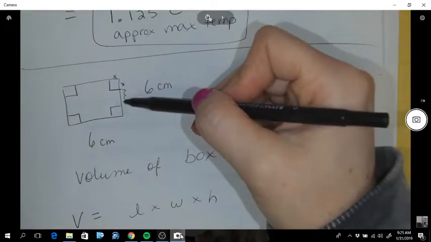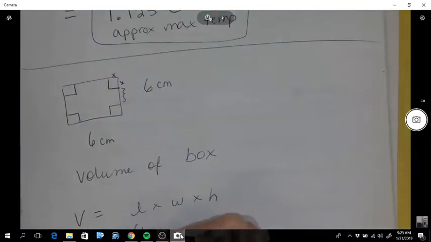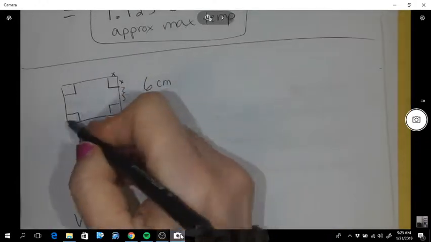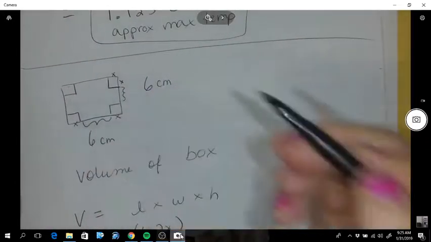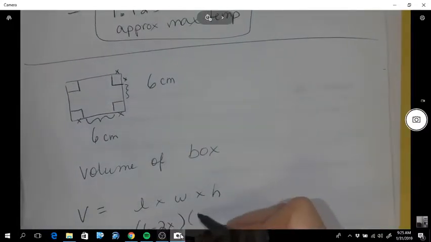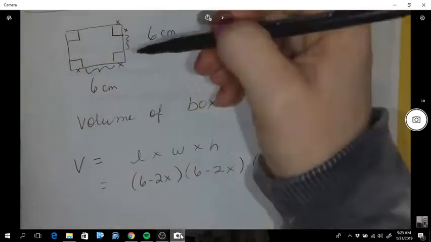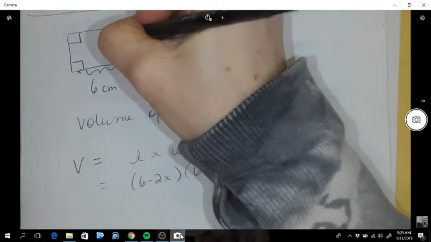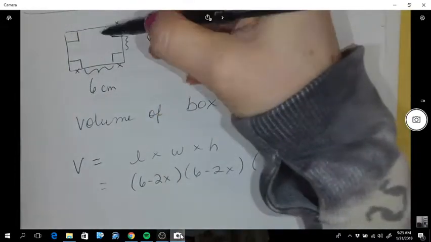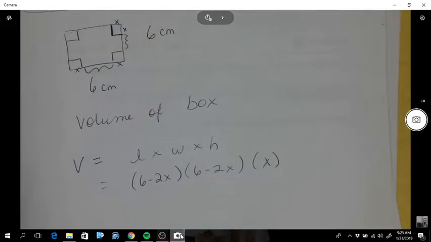So this would be 6 subtract 2x. And on this side, your new dimension is also 6 minus 2x. And the height of the box would be this, because you fold that up. Okay, so the height is x.